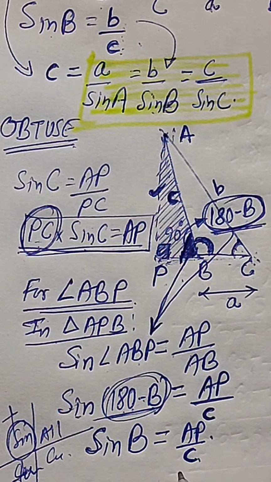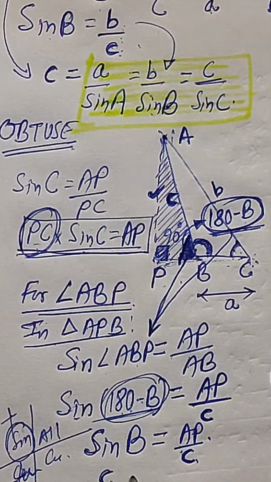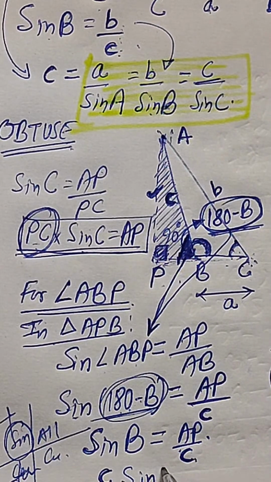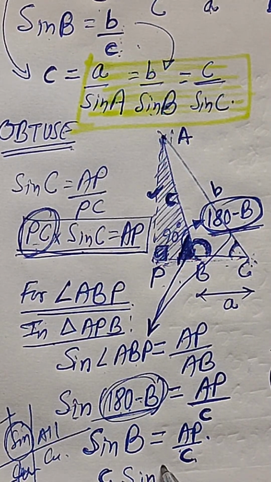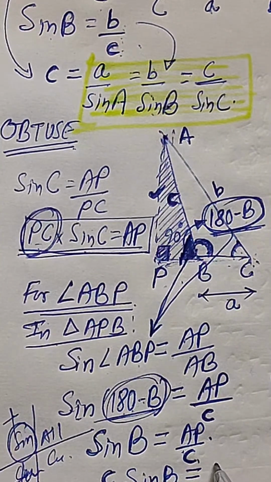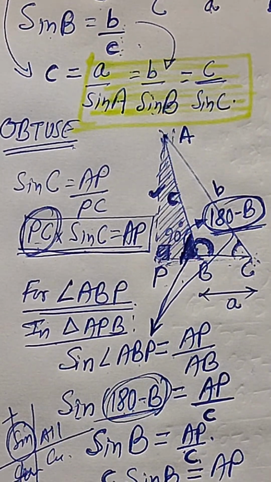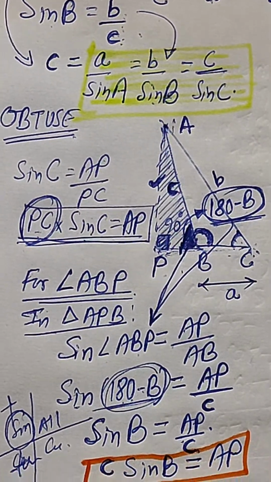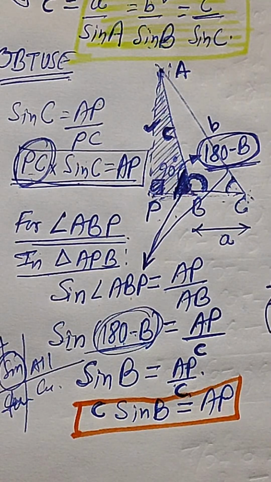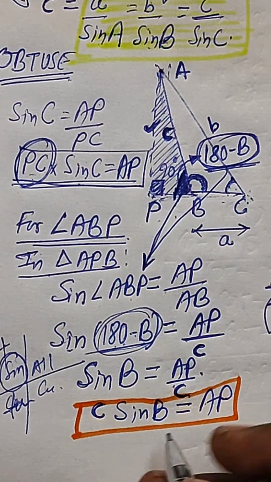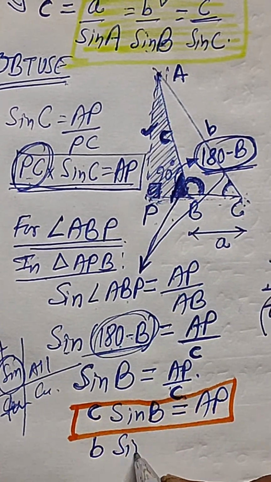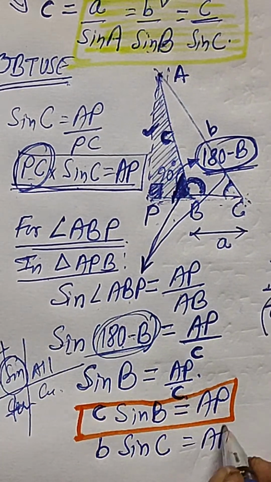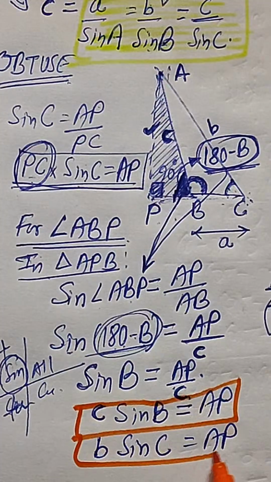So c times sine B is the length of AP. Similarly, this AP can also be proved as b times sine C.